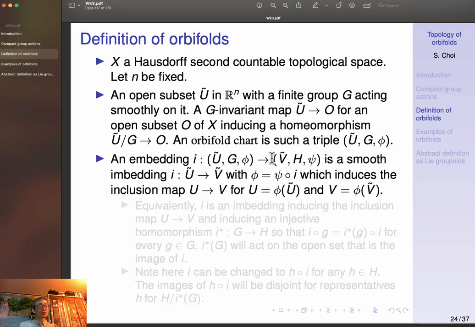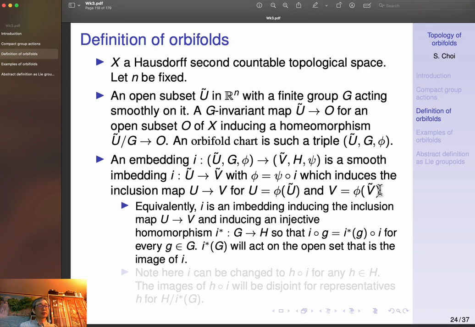So given two of these, (Ṽ, H, ψ) is another one. You want to understand what embedding means: a smooth embedding i of Ũ into Ṽ with φ equal to ψ circle i, which induces the inclusion map for U, the image of Ũ, and V, the image of Ṽ.